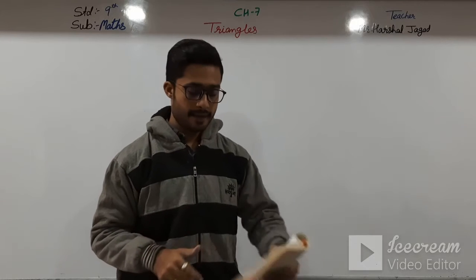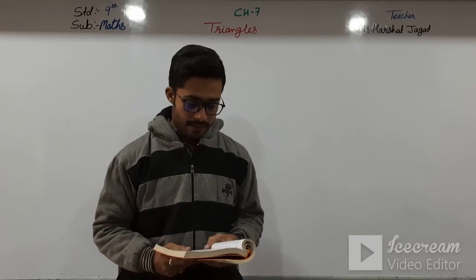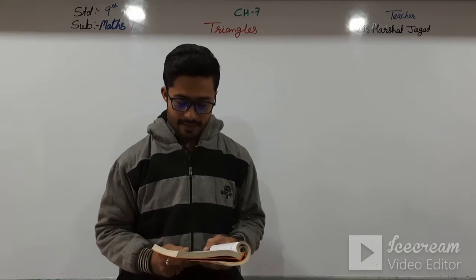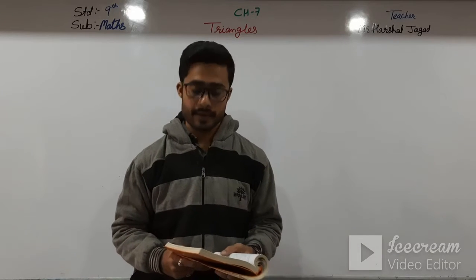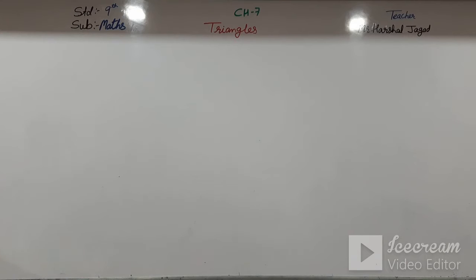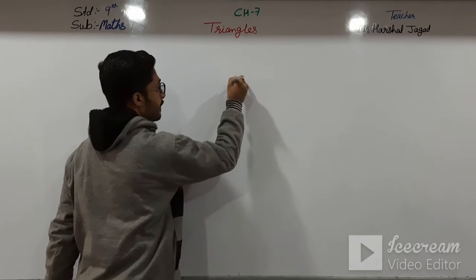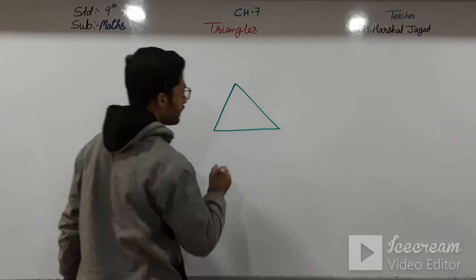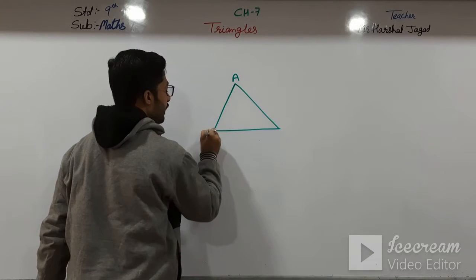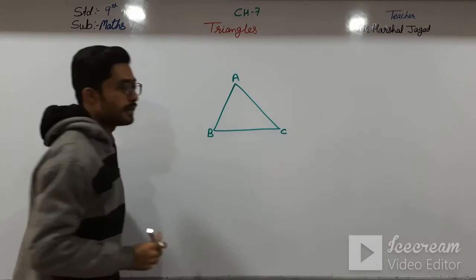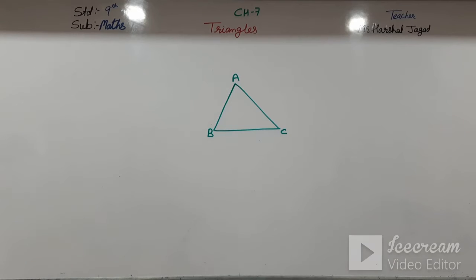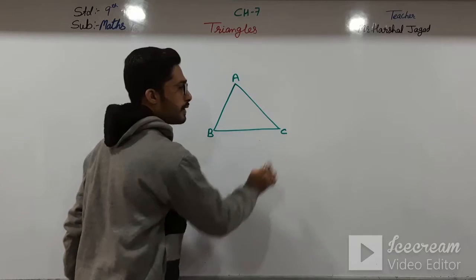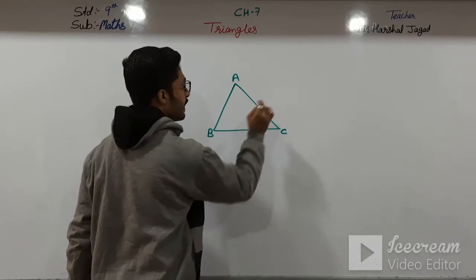Okay students, now moving further, tri means three. A triangle has three sides, three angles and three vertices. Here if I draw a triangle, see, I just drew a triangle. So this is triangle ABC, and you can see there are 1, 2, 3 vertices, 3 sides, and 3 angles.